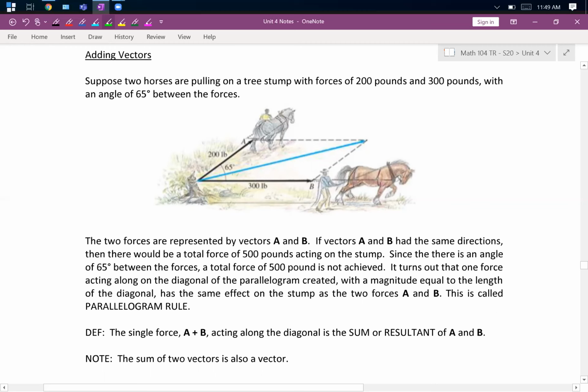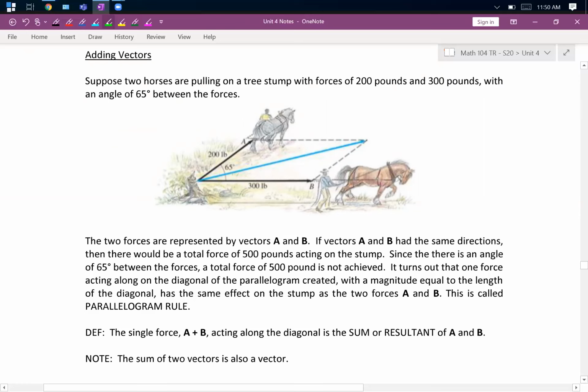It turns out that one force acting along the diagonal of the parallelogram created by these two vectors, with a magnitude equal to the length of the diagonal, has the same effect on the stump as the two forces A and B do. This idea is called the parallelogram rule.